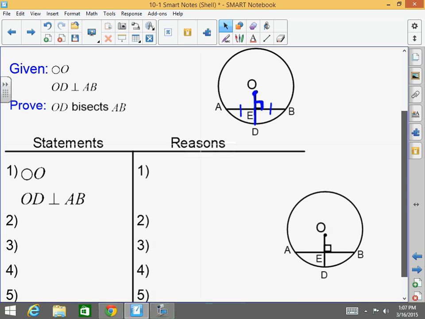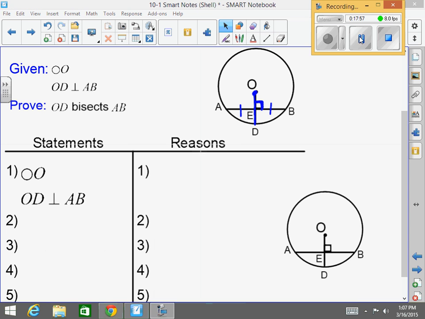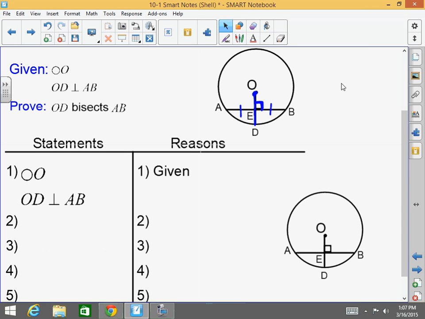Okay, sorry about that. So that's my given. Number 2, AO is congruent to OB. Why? All radii are congruent.